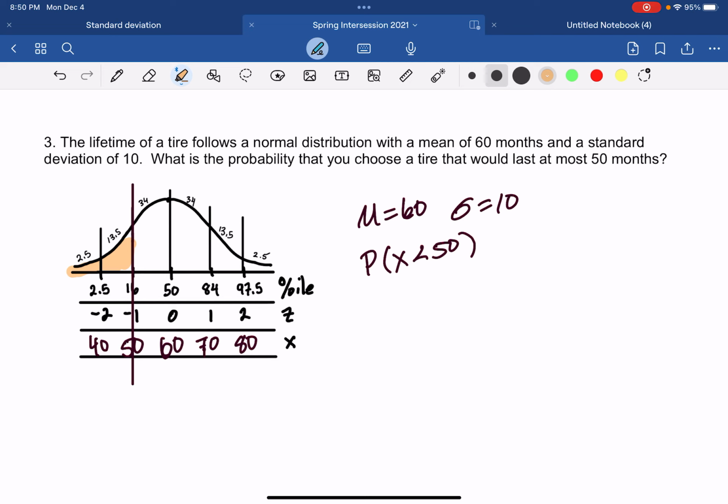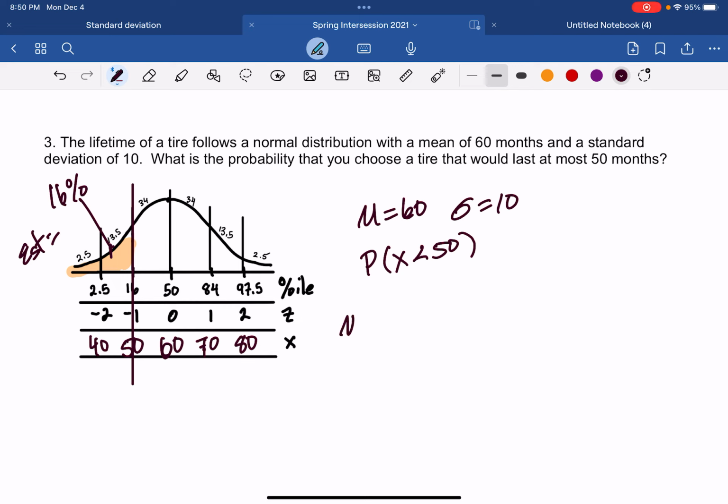All right. So this piece is going to be 16%, because that's 2.5 and that's 13.5. So that gives us 16%. So my estimate, right, is going to be 16%, which is going to be interesting to find out if it's true.